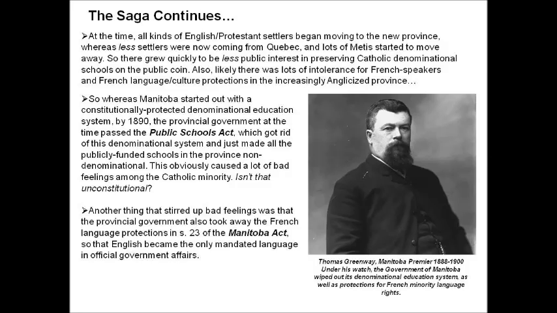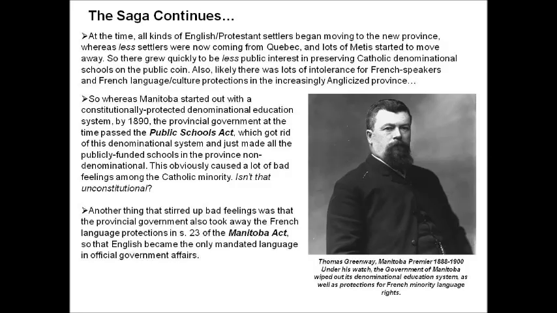Another thing that stirred up bad feelings was that the provincial government also took away the French language protections in Section 23 of the Act. So English now became the only mandated language in official government affairs. You go to court, or you want to look at the laws, and everything's written only in English.